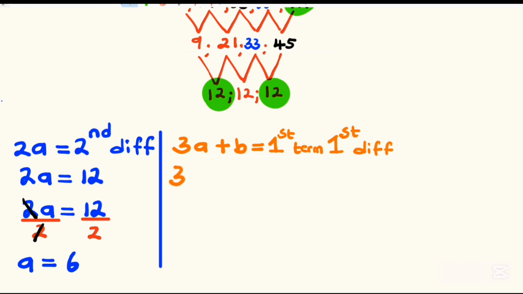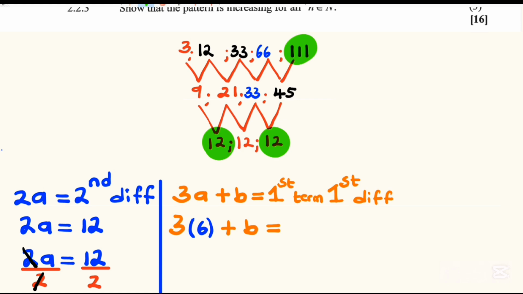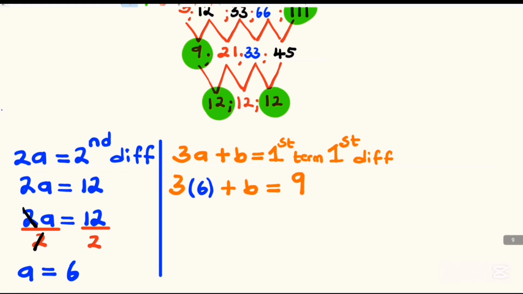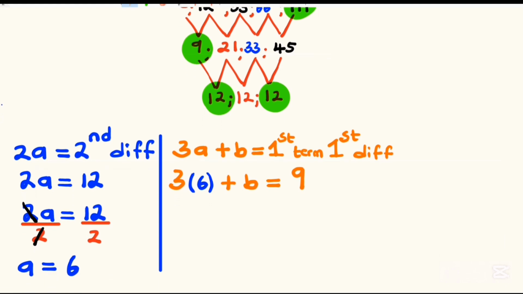So we have 3 into a. Our a, we just determined, is equal to 6, plus the b, and this will be equal to the first term of the first difference, which is 9. So we substitute 9. 3 multiplied by 6 is equal to 18 plus b is equal to 9.